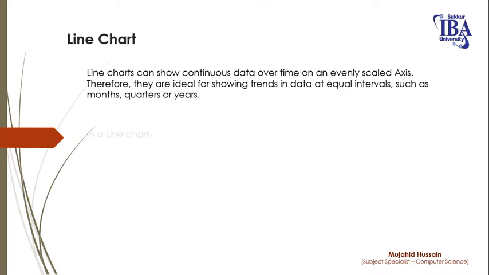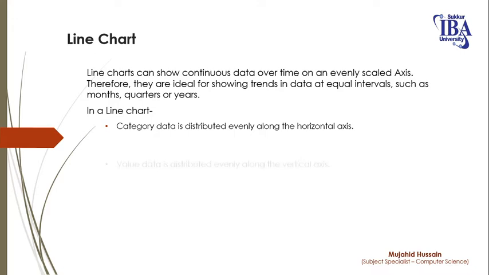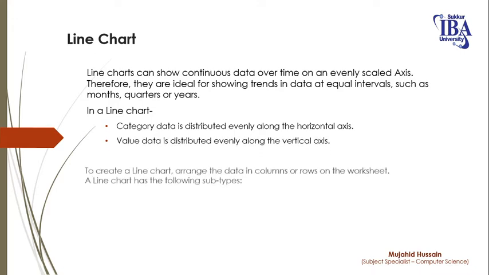In a line chart, category data is distributed evenly along the horizontal axis. It means the category data, as we learned in the column chart, will be distributed on the horizontal axis and the value data on the vertical axis.